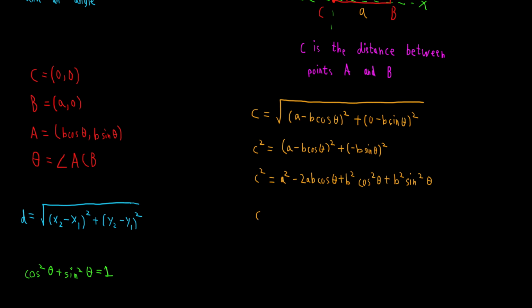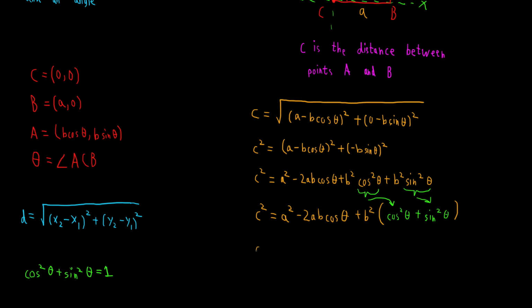So, C squared equals A squared minus 2AB cosine theta plus B squared, and this is so important we'll write it in a different color, (cosine theta squared plus sine theta squared). Now we brought our cosine theta squared from here and our sine theta squared from here.